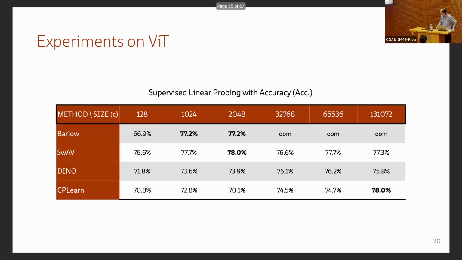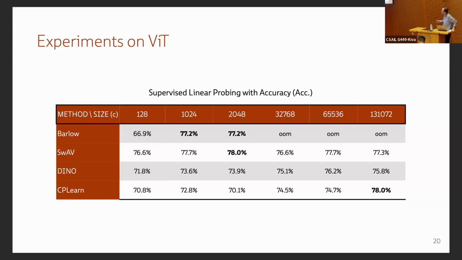Here are the results in terms of linear classification. For each of these rows, we picked the value with the highest number. And what you can see is that if we compare Barlow, SWAV, and our approach, we get similar performance.